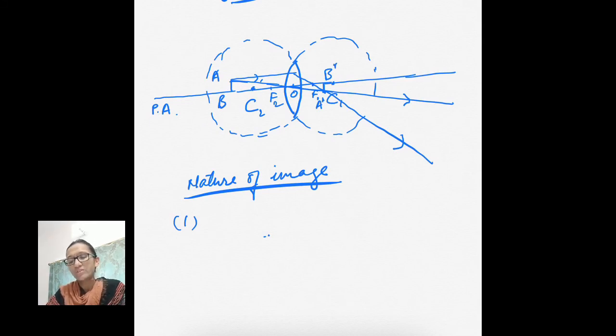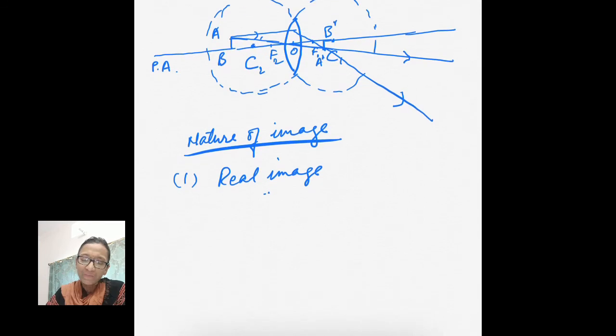So the image forming is real, and you can see that it is inverted also. So real images are invariably inverted with respect to the object.